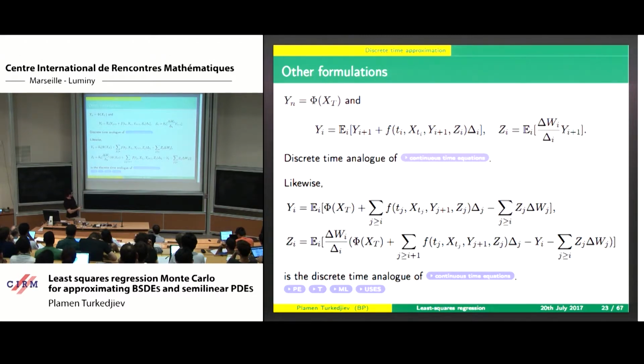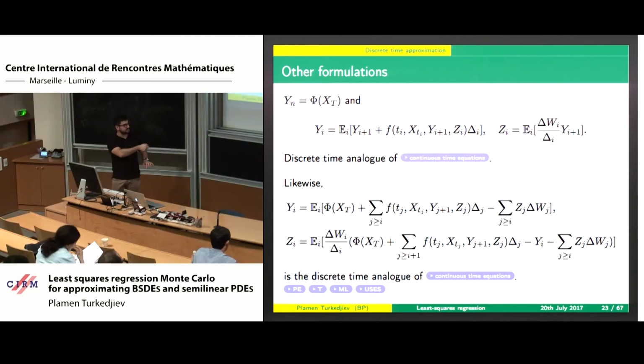Okay, and again, for the same reason that this thing here has lower variance in the continuous time setting, this will have much lower variance in the discrete time setting as well. This is one way that you get around this variance problem caused by dividing by delta. Okay, but that's coming up.